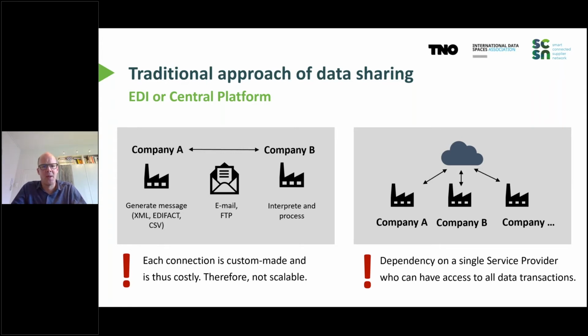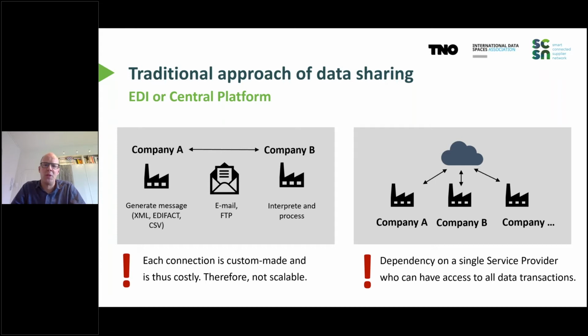But the biggest problem there was that it is not scalable, because these manufacturing companies today work for OEM number one in the semiconductor domain, and tomorrow they work for an OEM in the medical domain. And today they work with this group of suppliers, and tomorrow they might need to work with a different group of suppliers. So it's very difficult to scale such a solution.